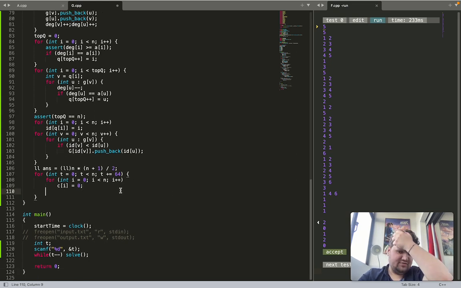So instead of bitsets, we will just use unsigned longs and run the solution n over 64 times to not have quadratic memory.